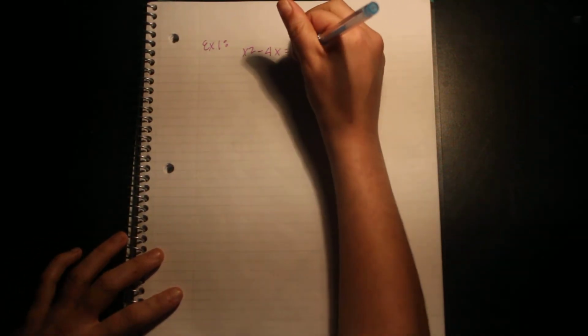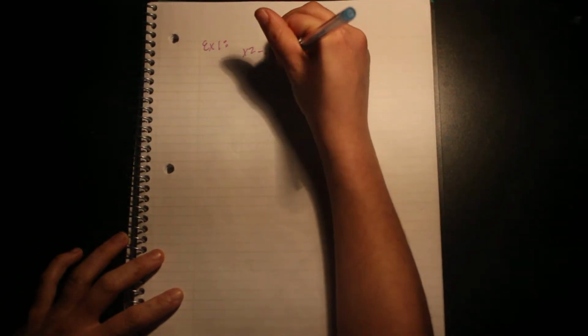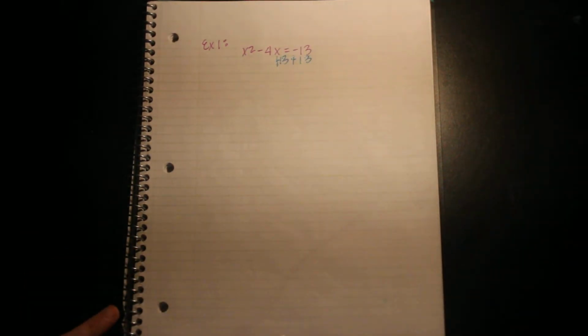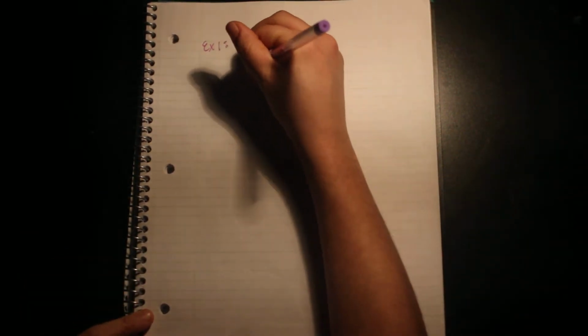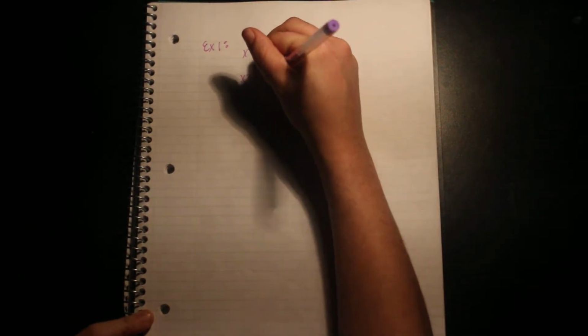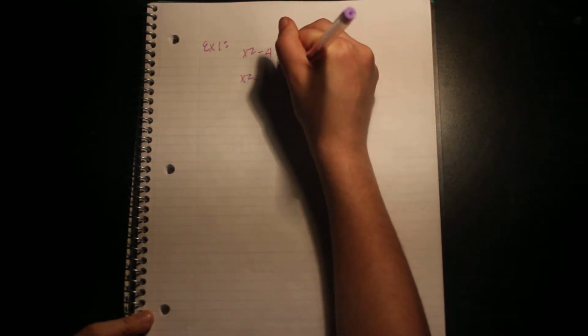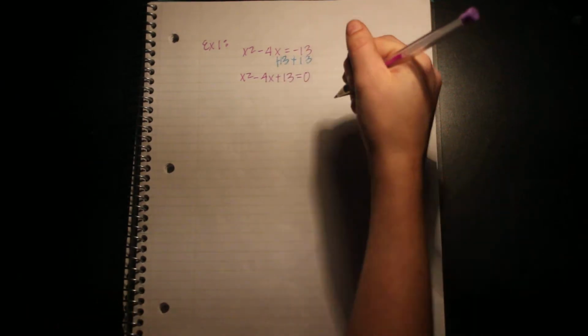Since our equation isn't in standard form, which all quadratic equations have to be, equal to 0 before we can solve, we have to add the 13 to both sides in order to put it on the left side of the equal sign. So we end up with x squared minus 4x plus 13 equals 0.